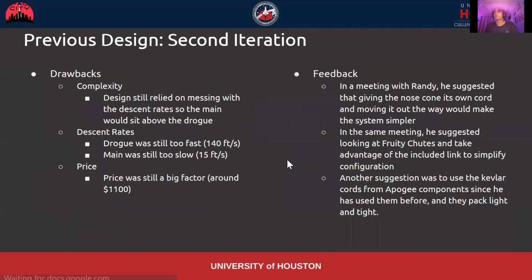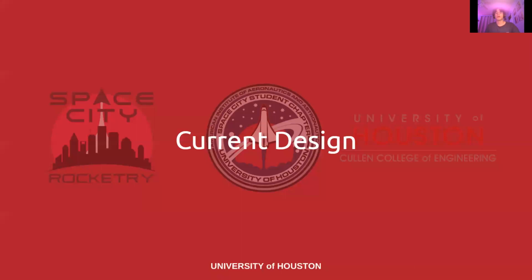And then he suggested looking at the parachutes from Fruity Chutes and take advantage of the included link that they have on top. And I'll show what that means in a bit. And then he also suggested using Kevlar from Apogee Components, since he had used them before, they pack light and they're kind of inexpensive.